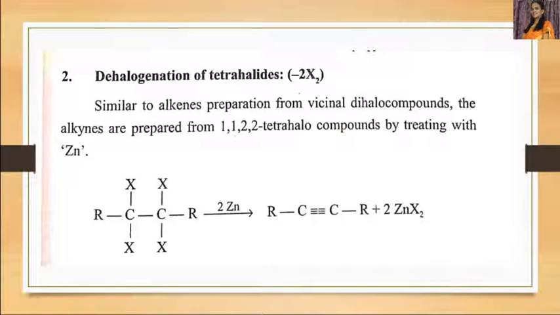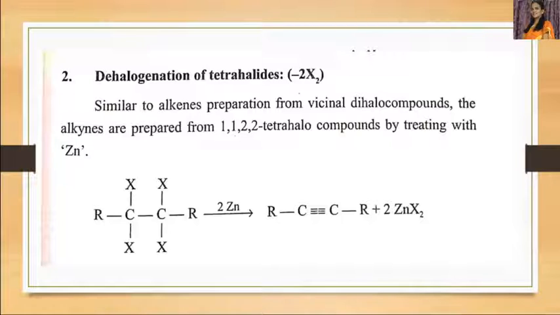In this, the dehalogenating agent is zinc dust. Powdered zinc is used as a dehalogenating agent. So dehalogenation of tetrahalides: minus X2. In the first step X2 is removed, and in the second step another X2 molecule is removed.